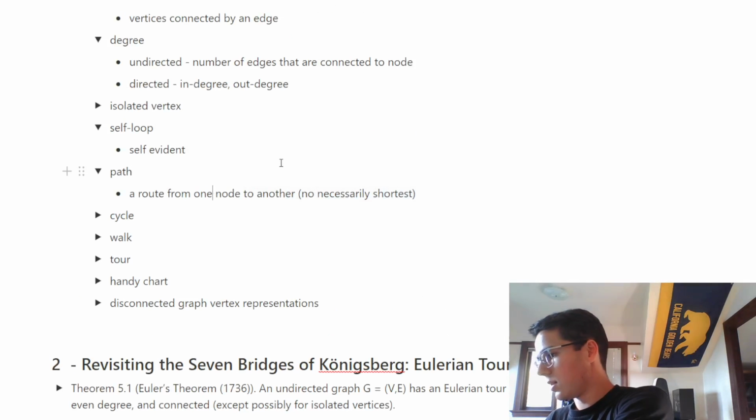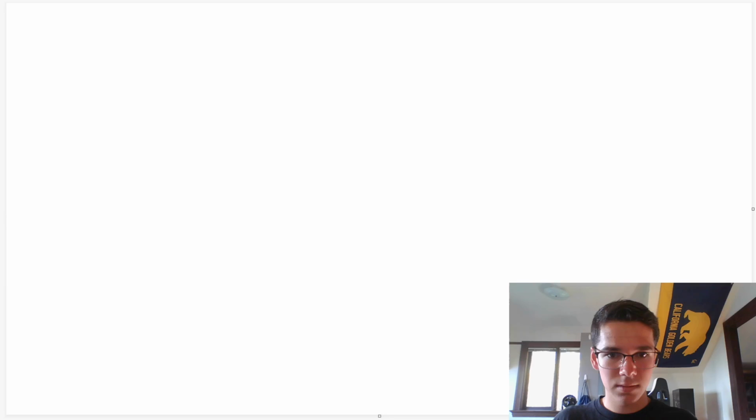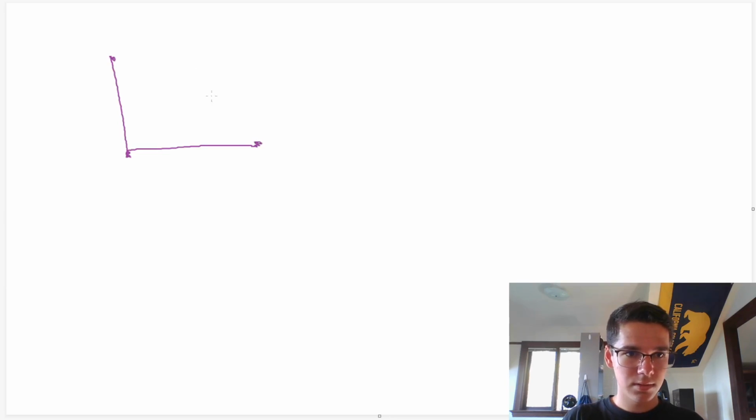Let's just imagine, and I believe this is the example they use in the notes, let's just switch over to Paint. And let's imagine, I guess we don't have to imagine, we can draw it out. I think in the notes they call these houses.